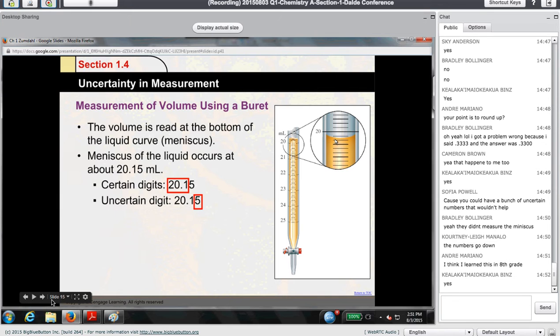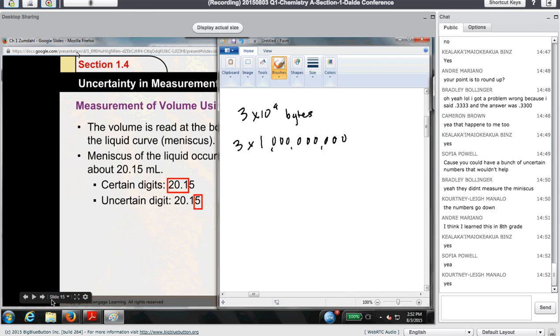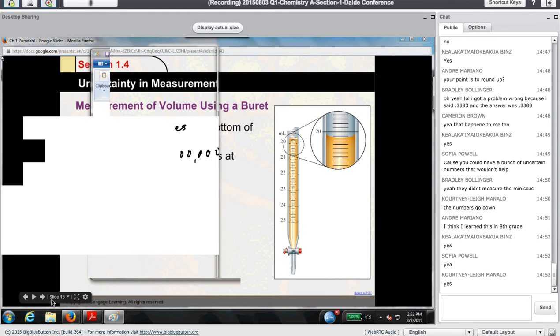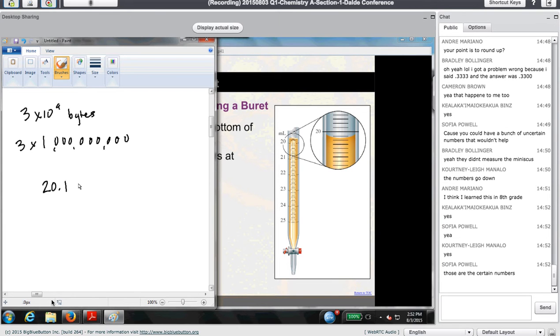So how much can you tell me it's at least? It is at least exactly 20.1, right? So I can say this thing is at least 20.1. Now, some people could say it's 20.5.